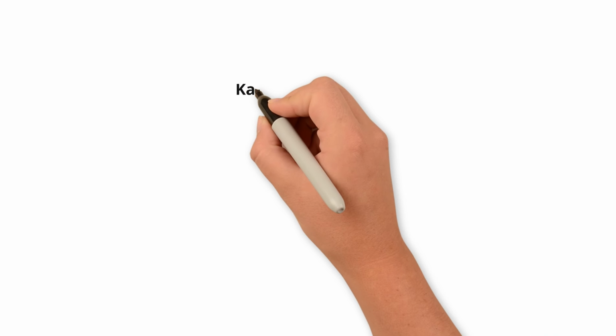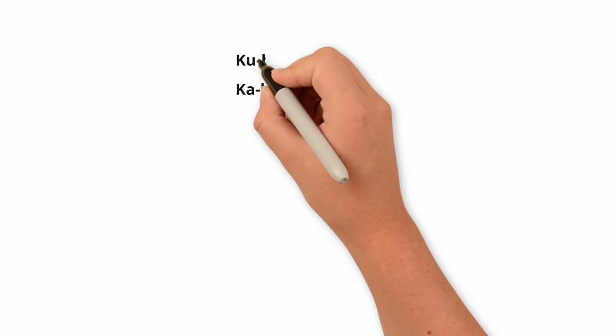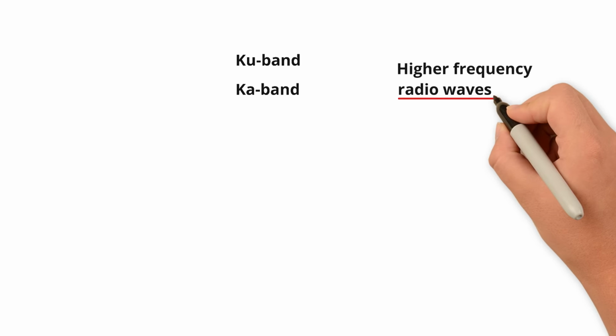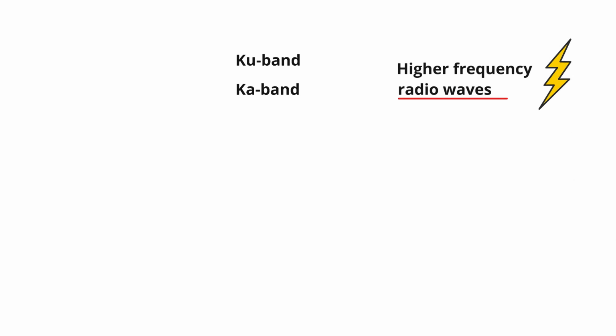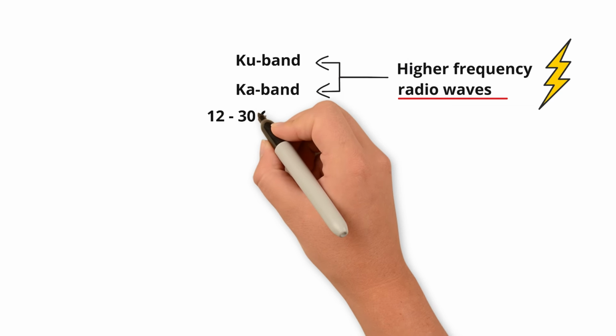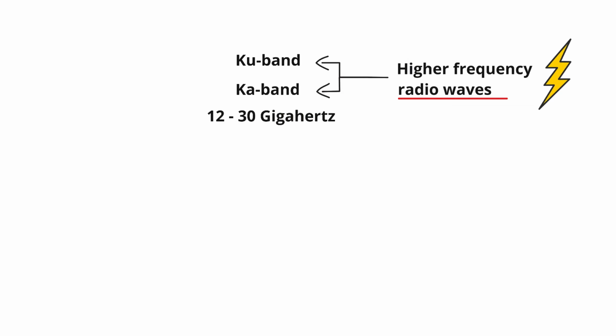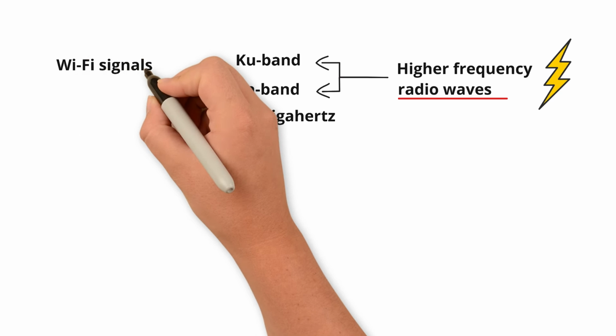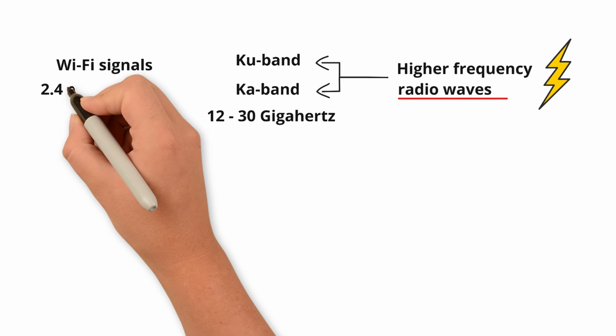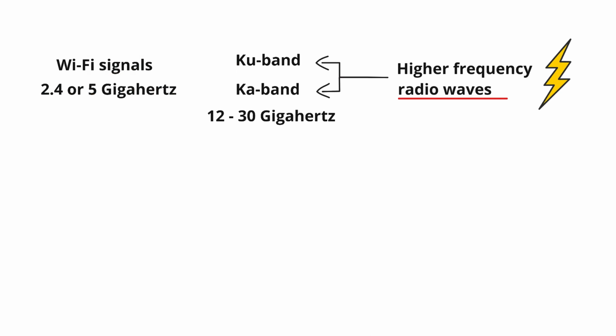Most modern systems use Ka-band and Ku-band frequencies, which are higher frequency radio waves that can carry much more data, giving you faster speeds. Ku-band and Ka-band range between 12 and 30 gigahertz. These frequencies differ from Wi-Fi signals, which usually operate at 2.4 or 5 gigahertz.